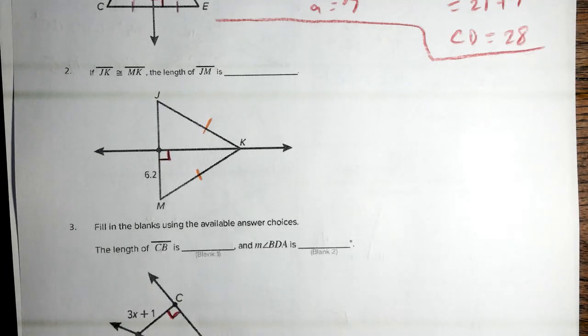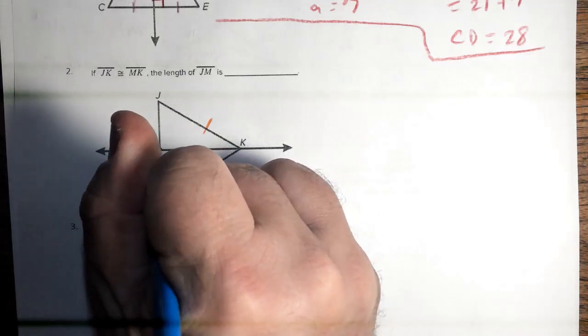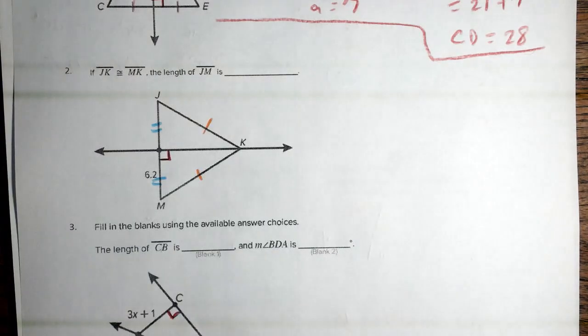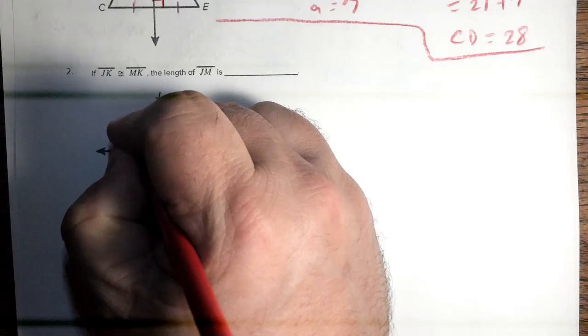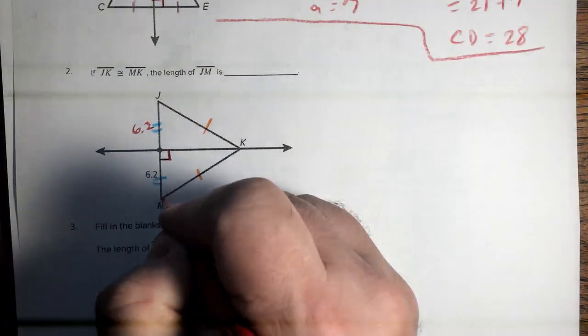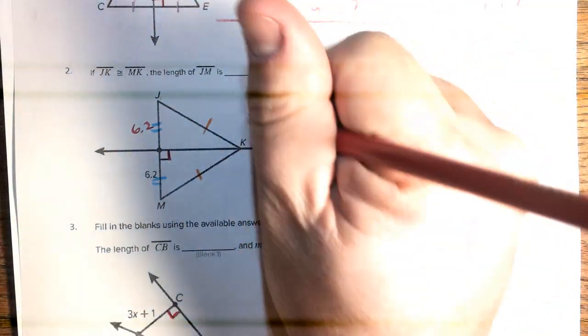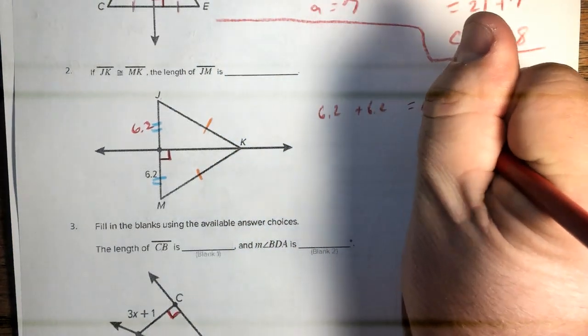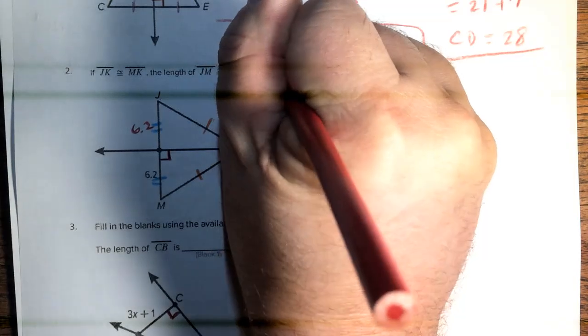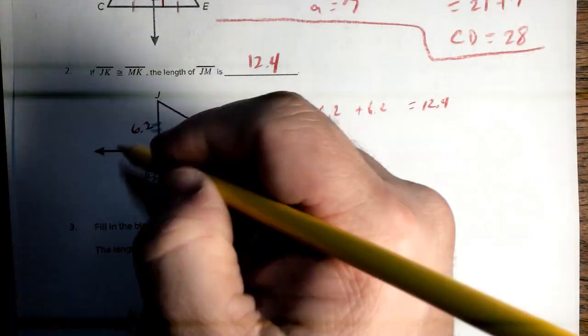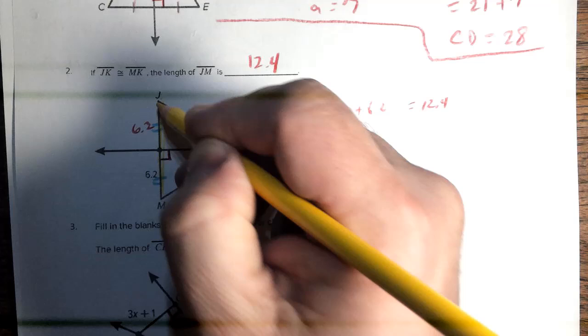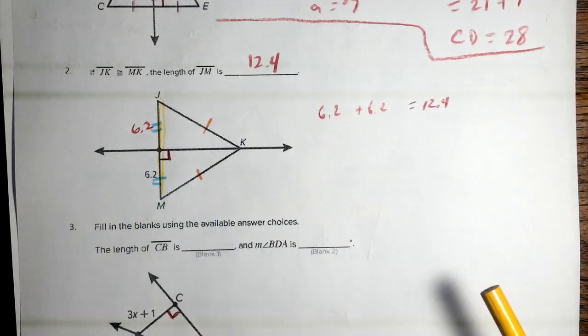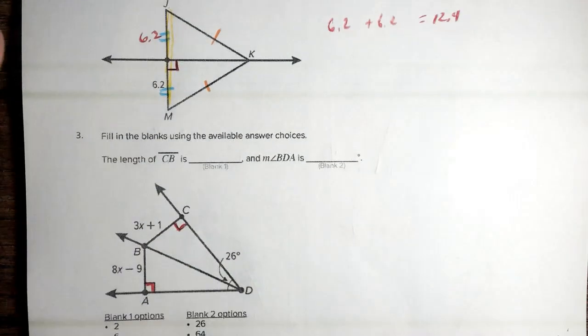So if these two guys are congruent, this side is 6.2, this side is 6.2. JM is the whole. That's 6.2 plus 6.2, which is 12.4. Again, we were looking for JM, so the entire line.